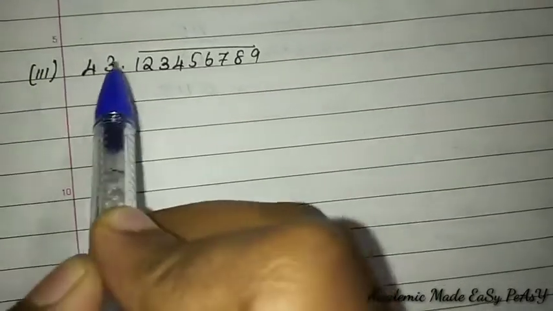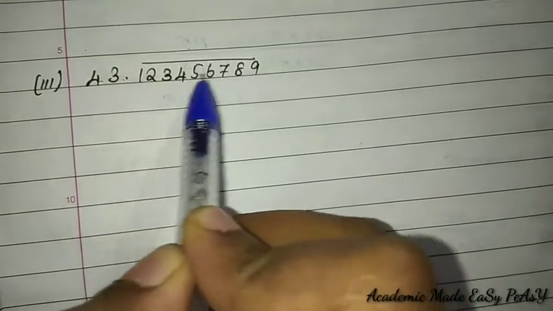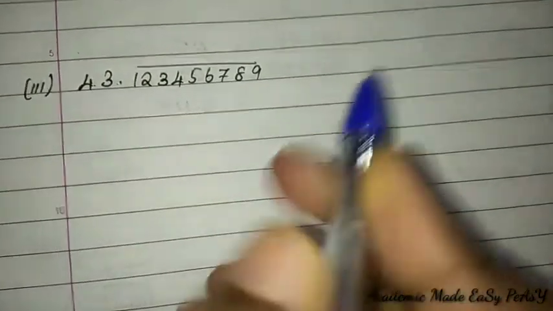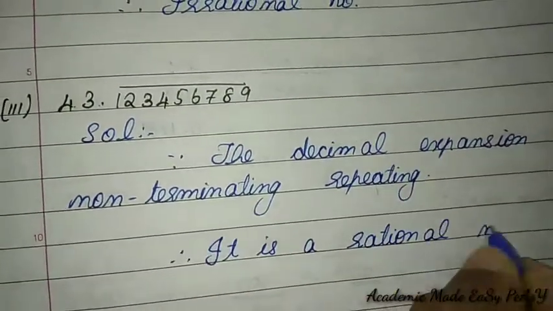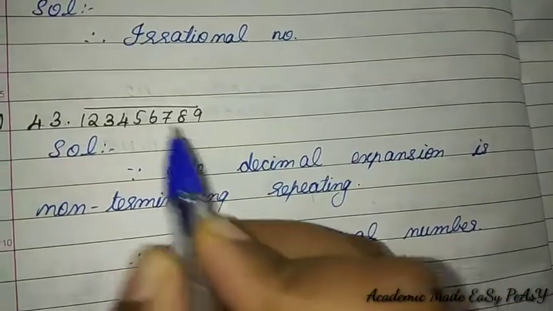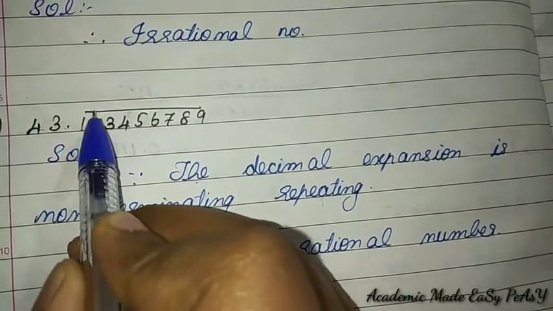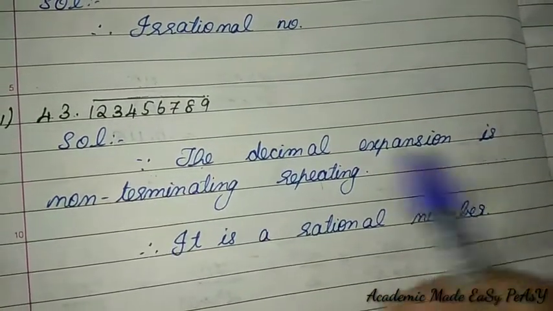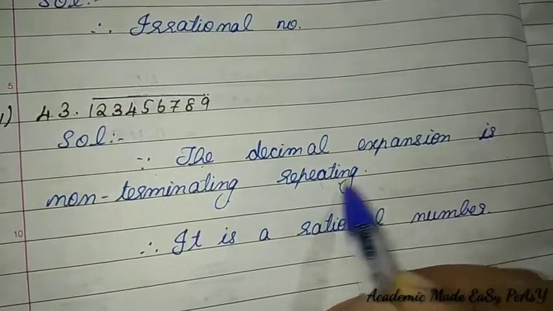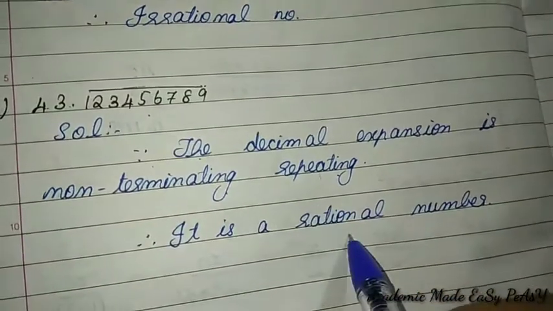The third subdivision, 43.123456789. Solution. Since it is repeating, this bar represents repeating numbers. Since the decimal expansion is non-terminating and repeating, it is proved that it is a rational number.